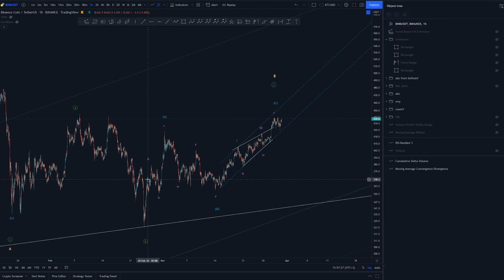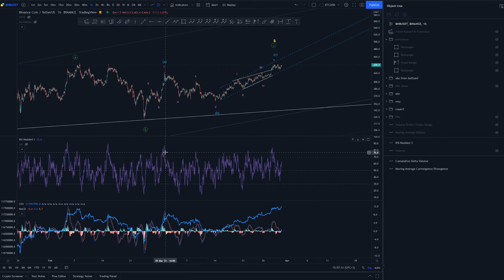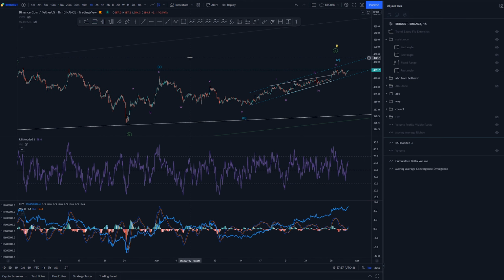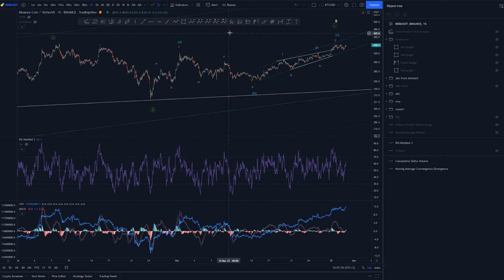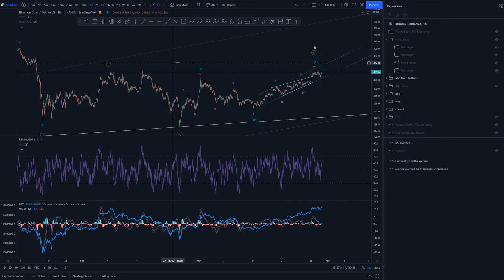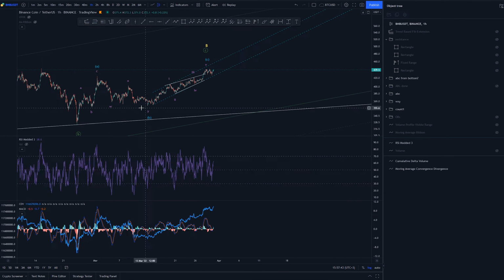And this could be 1, 2, 3, 4, 5. We can see the highest RSI reading is here though, so it's not really supporting it too much. That is why I prefer this count currently over any bullish count.